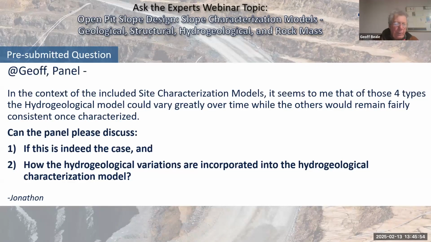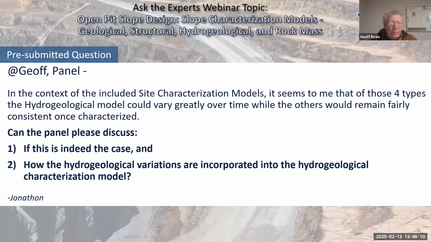And then as the project progresses, if you're in a gold mine that's a 10, 15 year life, or a copper mine that may be 50 odd years, the hydrology will vary greatly as the pit expands.